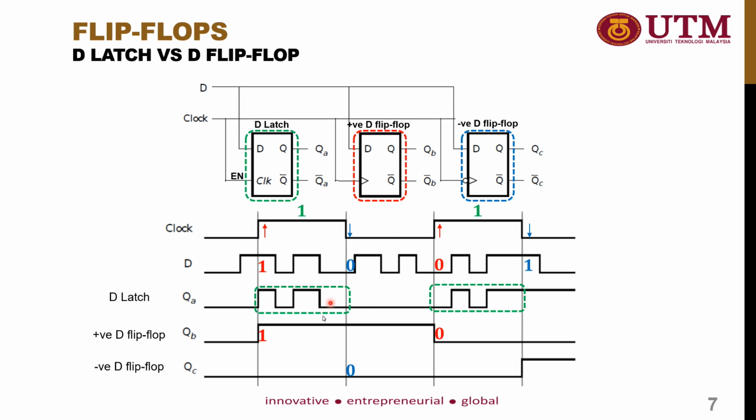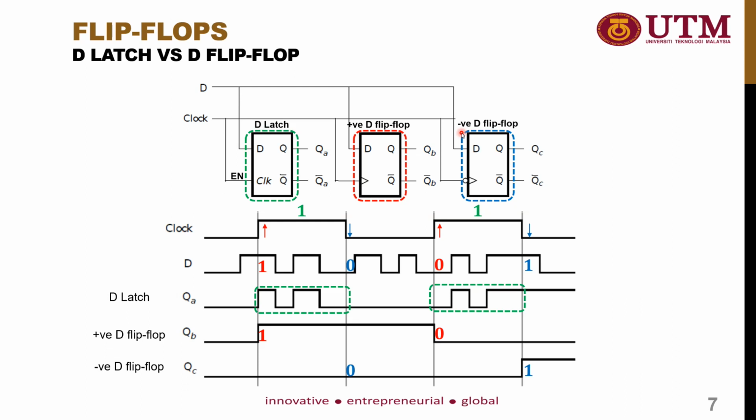So you see here the example of the comparison between the output generated by the D latch, positive edge trigger D flip-flop, and negative edge trigger D flip-flop. You must know the differences, and you must carefully observe the block diagram representations of each latch and flip-flop so that you will not be confused.